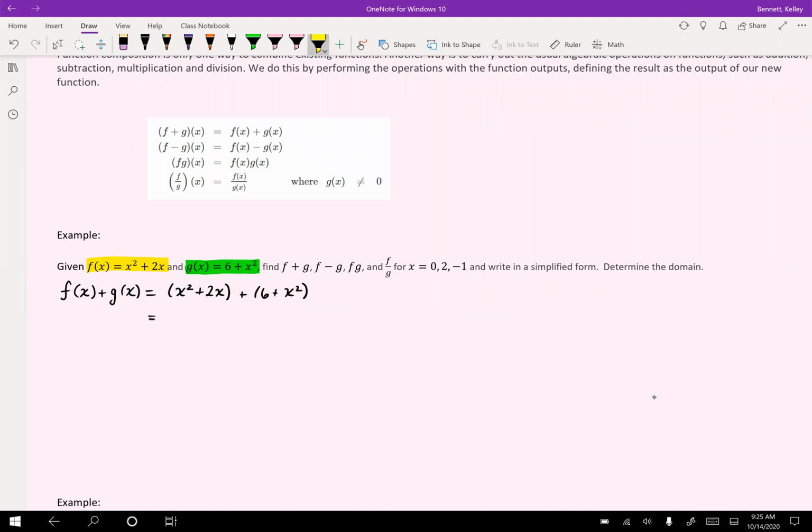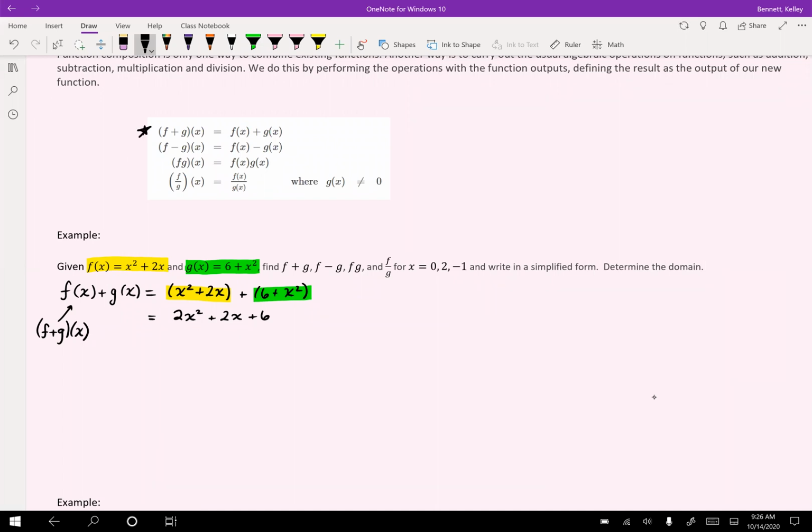They're mostly just highlighting which part comes from f and which part comes from g. So this is really just 2x squared plus 2x plus 6. This is the same thing as writing f plus g of x, right? This is how we define it here.